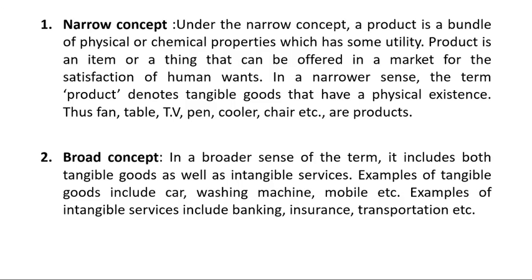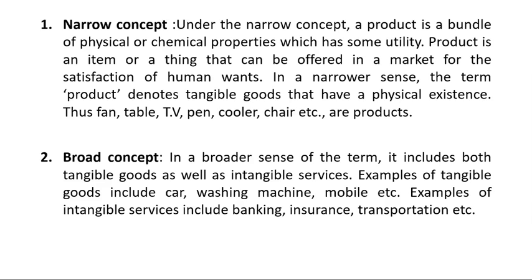Let us see the first one, narrow concept. Under the narrow concept, a product is a bundle of physical or chemical properties which has some utility. Product is an item or a thing that can be offered in a market for the satisfaction of human wants.